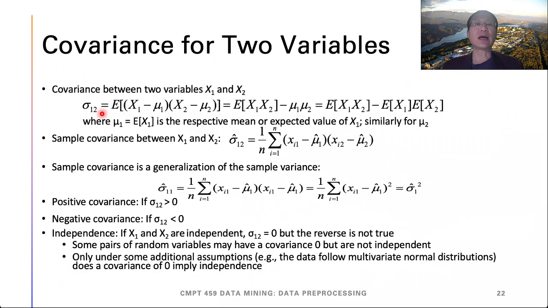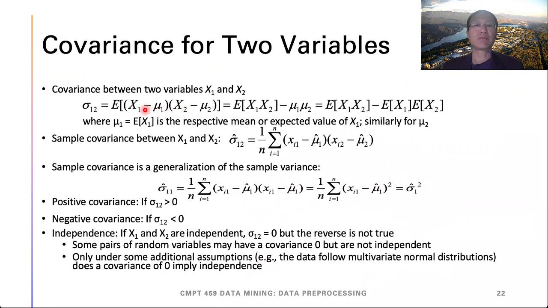Therefore, if x1 and x2 are correlated, then sigma 1,2, the covariance of the two variables, should be large. On the other hand, if x1 and x2 are independent, that means the sign and the value of x1 minus mu1, which is the mean of x1, and the difference x2 minus mu2 would be independent.